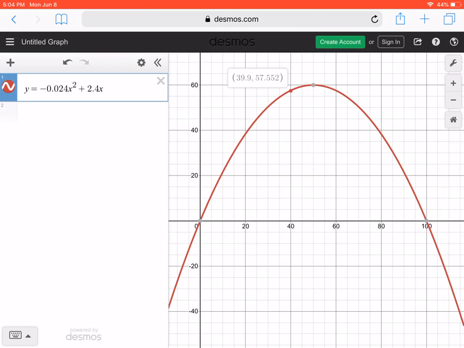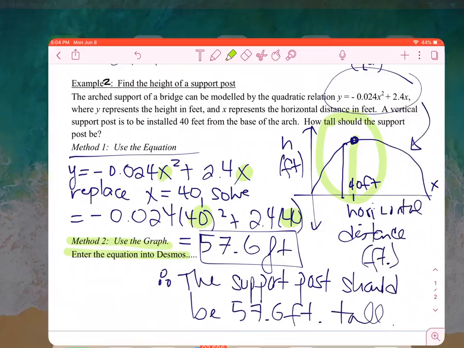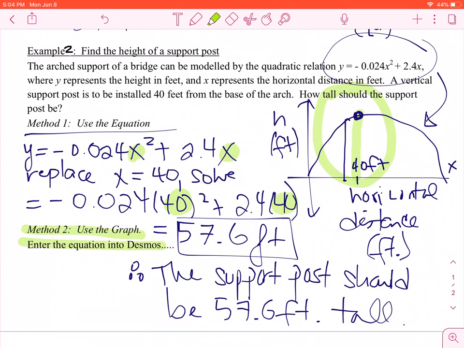Once you see that through a graph, you can also use the graph on Desmos to help figure out what that solution should be.